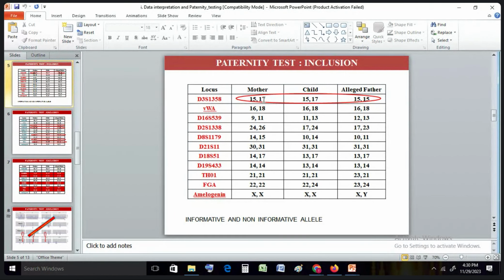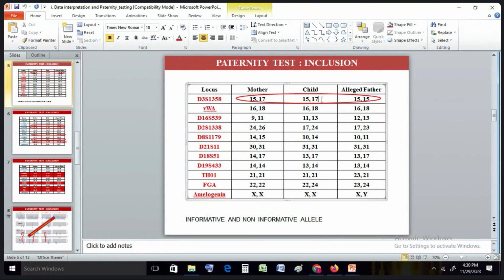Now get the children genotype: 1517 in this same locus. And the alleged person genotype is 1515. Now 15. Think about this one. This 15 can come from the mother or not? Bolo.